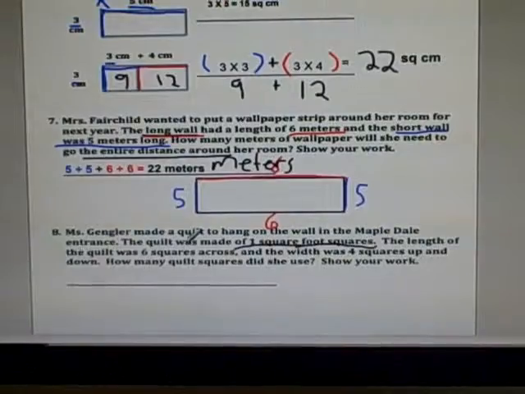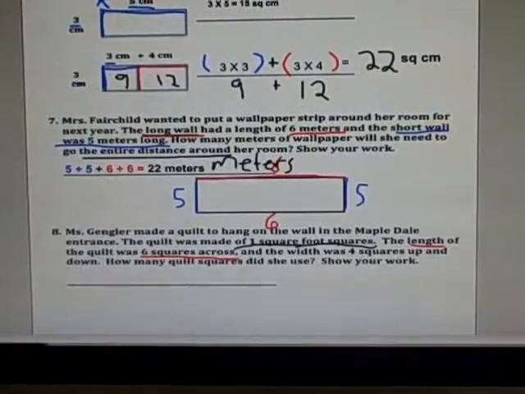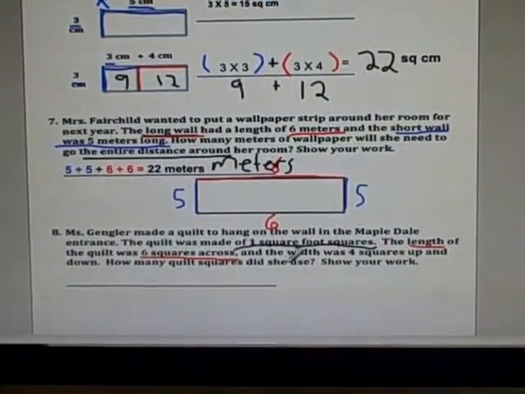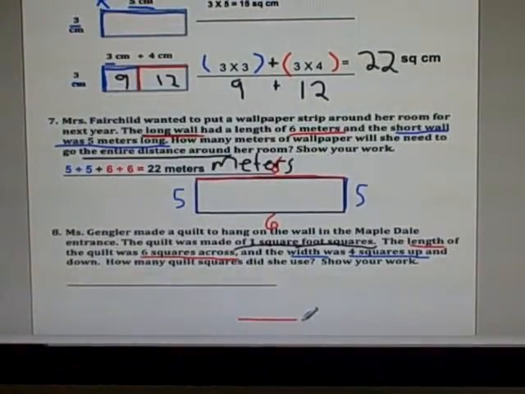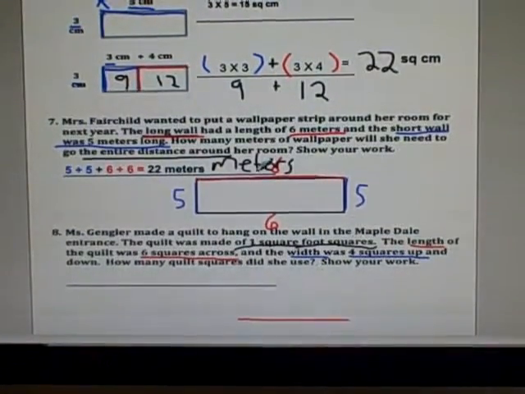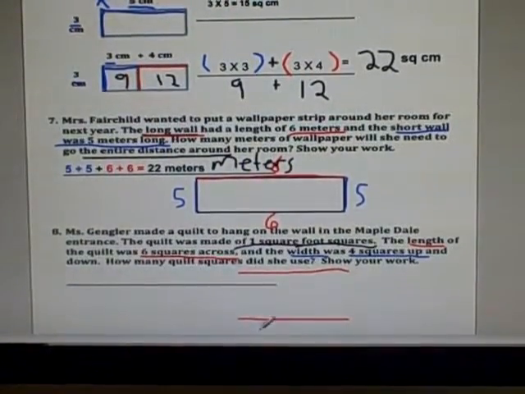The length was 6 squares across. What was the width? Here it is. And the width was 4 squares up and down, sorry. Okay, so now we know the length of the quilt was 6 squares across, and the width was 4 squares up and down.